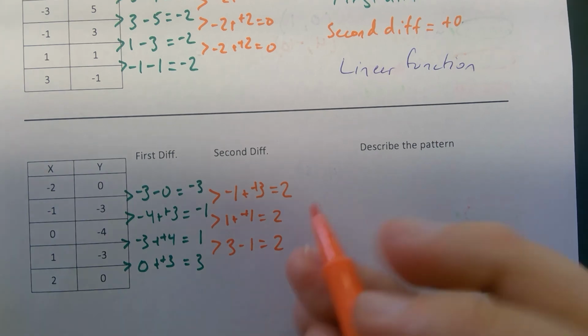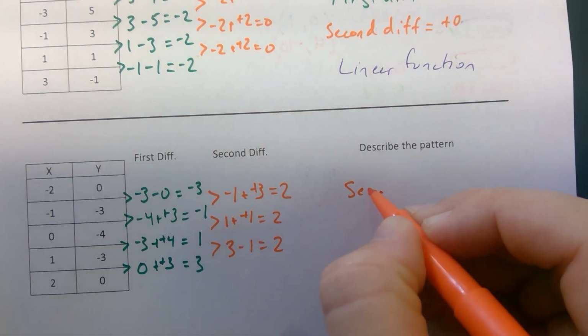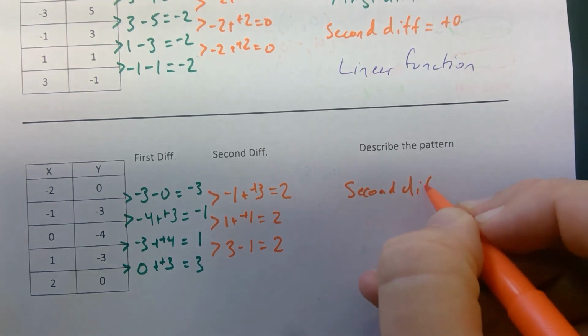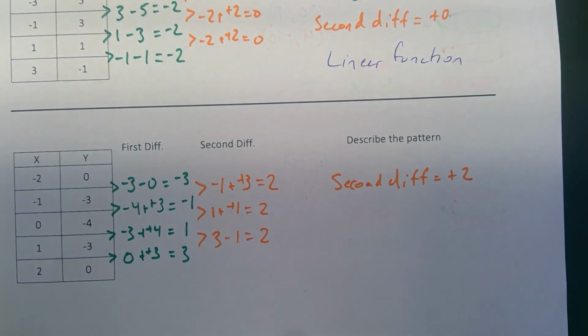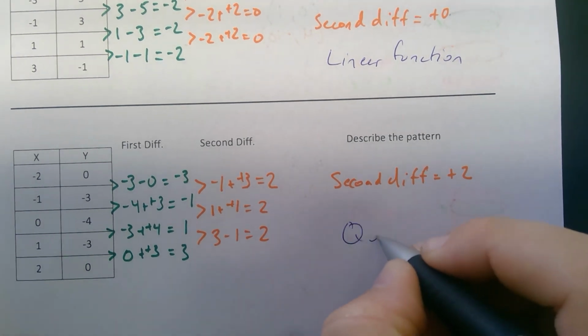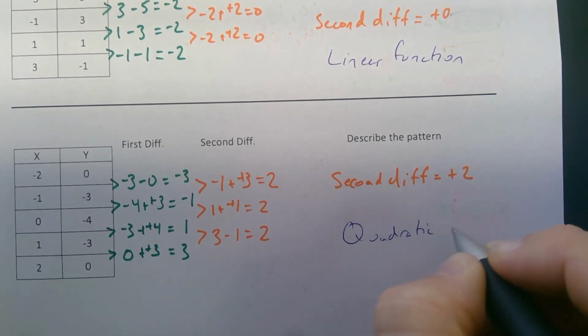Our second difference is all +2. And that's a cool calculus thing, because that shows us the change that's happening. We don't have a linear function because we don't have a first difference the same, but our second difference is the same, which means this is a quadratic function.